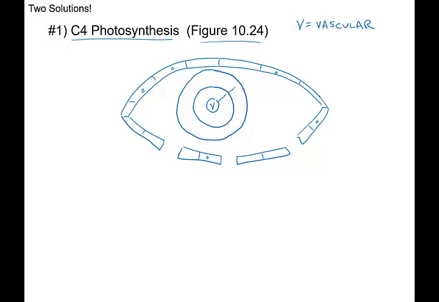And now what we have going out from there are these concentric rings of cells. And you can see there's an outer layer of cells and an inner layer of cells. The outer layer of cells is called the mesophyll cells, same term as before. And then we have this inner layer of cells, and these are called the bundle sheath cells.